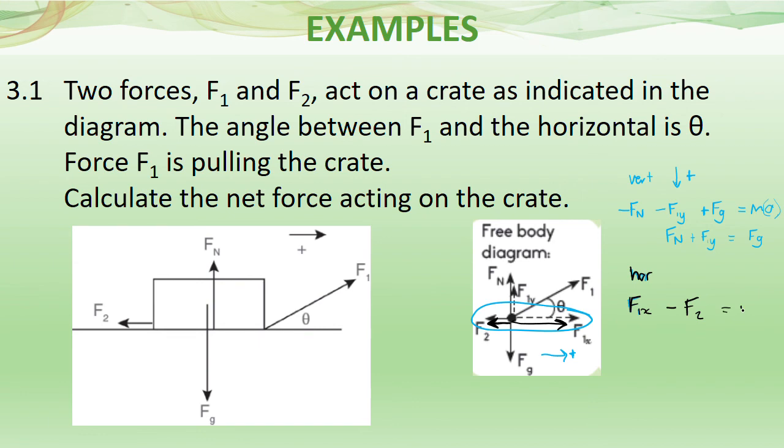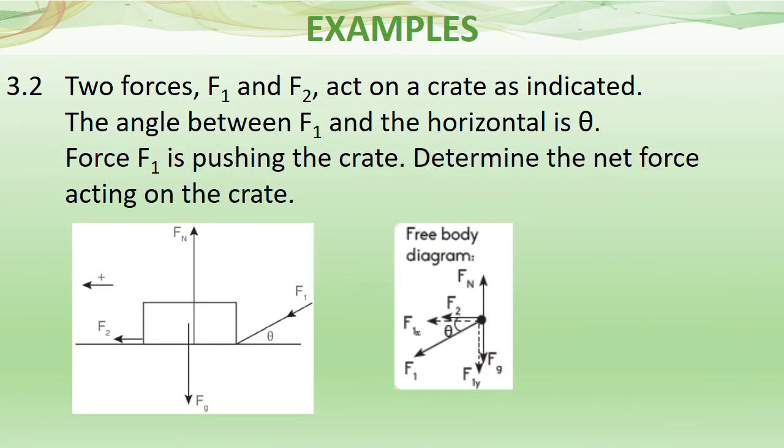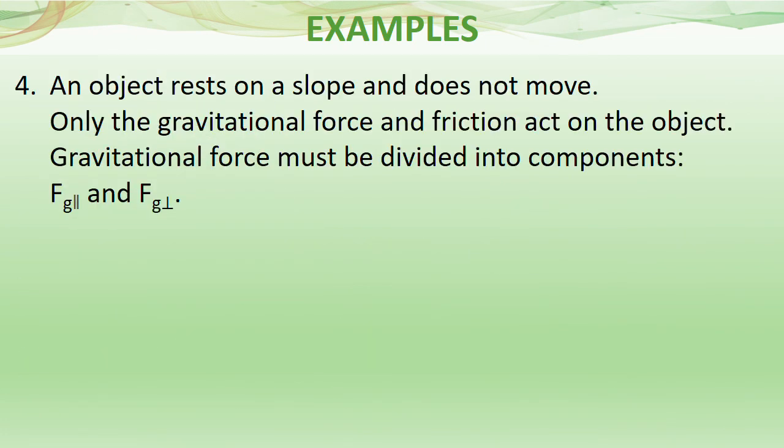En dit saam gaan gelyk wees aan massa maal versnelling. Okay. Ek skiet oor nommer 3, want hy is ook 'n krag op 'n plat vlak. Hy word net afwaarts gedruk in plaas van opwaarts getrek.